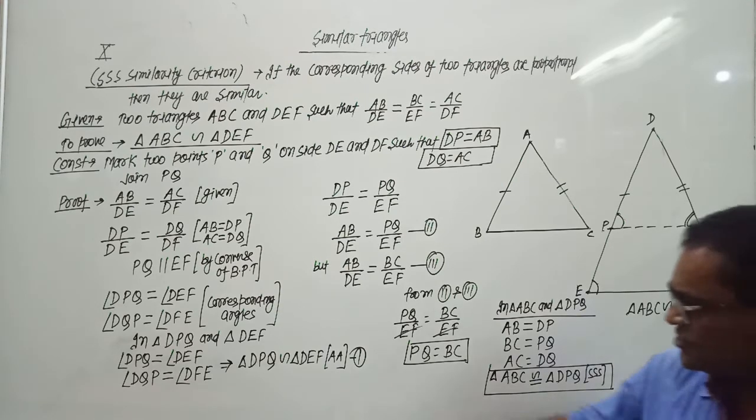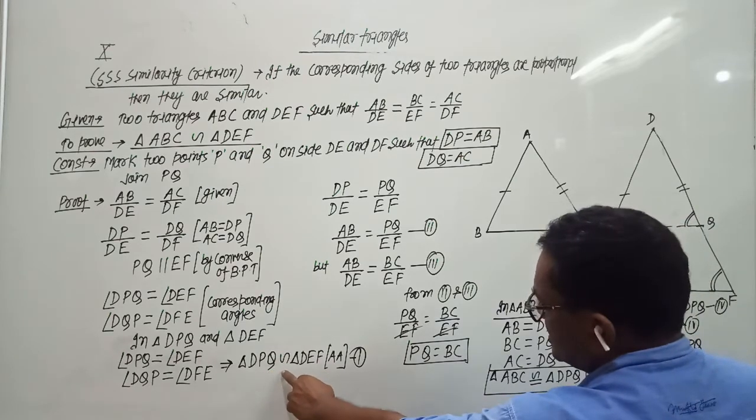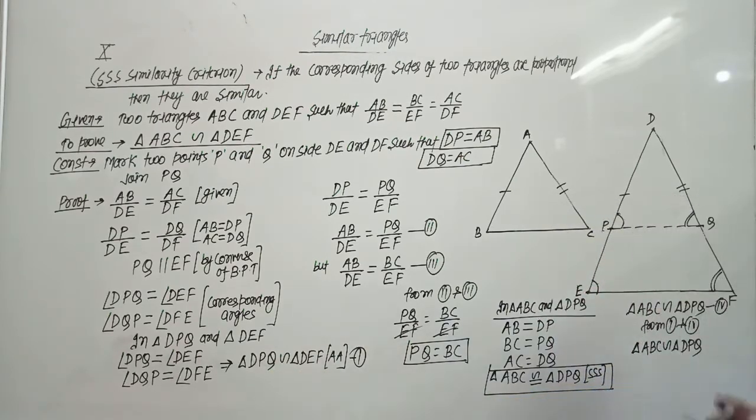Now from first and fourth, triangle ABC is similar to triangle DPQ, from fourth, and from first, triangle DPQ is similar to triangle DEF.